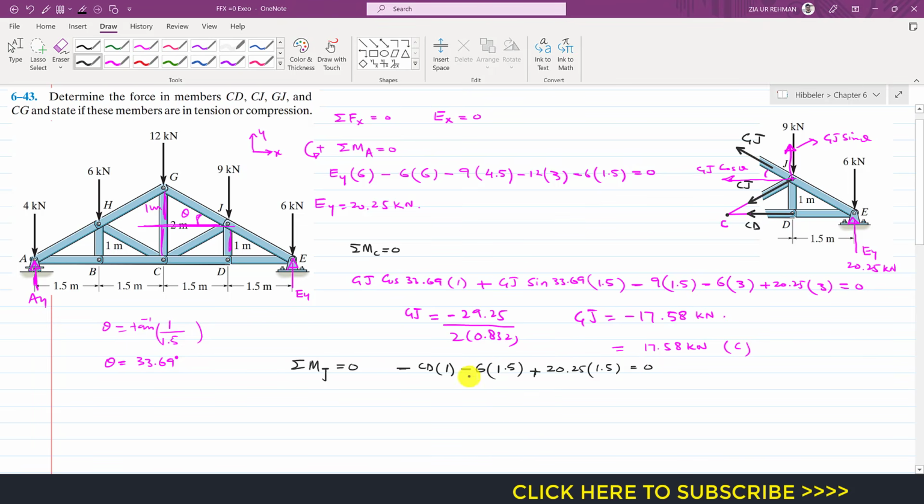If I bring these two terms to the other side of the equation, their signs will become negative, and we can determine this by using a calculator.